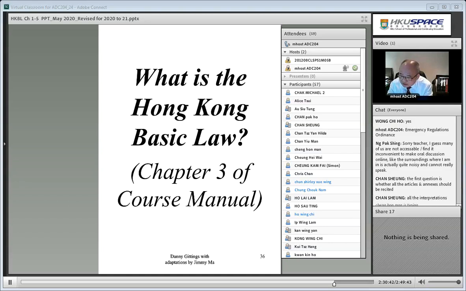You are expected to have a good knowledge of the relevant articles, annexes and interpretations. When we come to revision, I will highlight the more important articles that you should at least learn to have a better understanding of than some others.